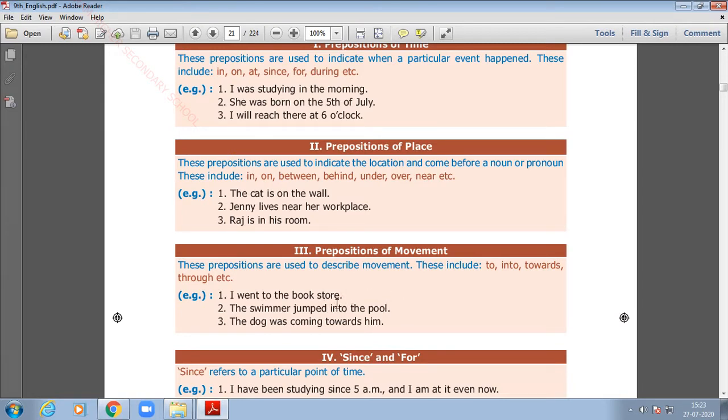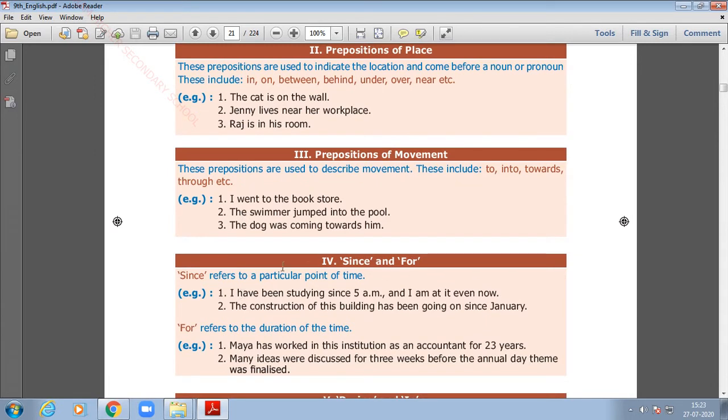Okay, try to understand the difference. The dog was coming towards him. All these are the words of direction. To, into, towards, through.